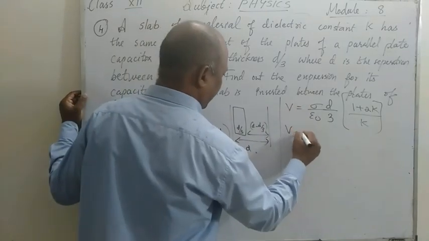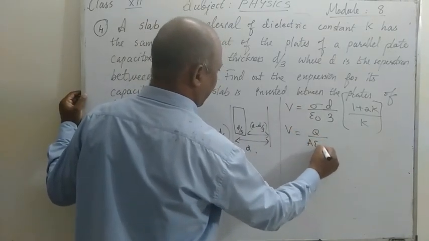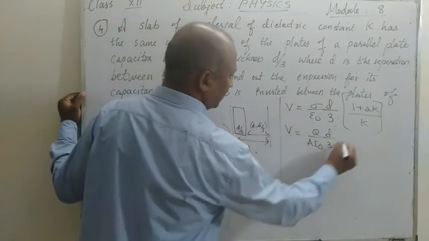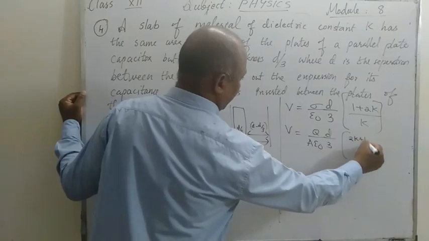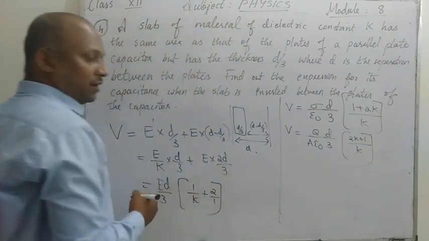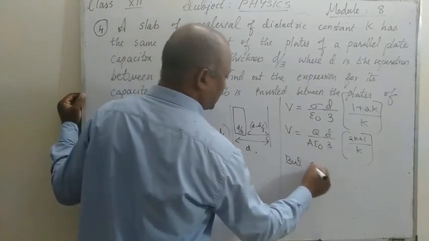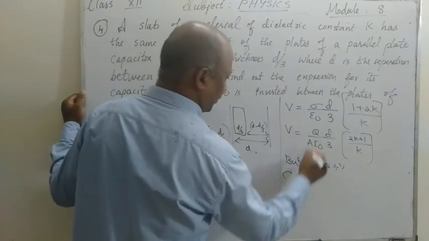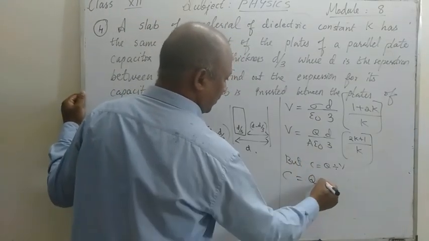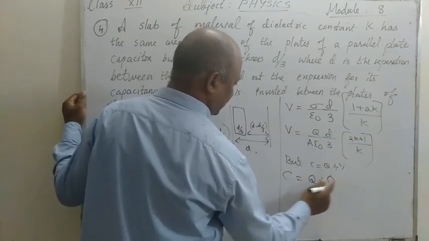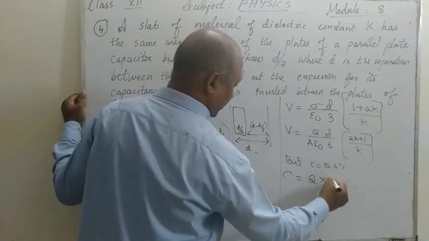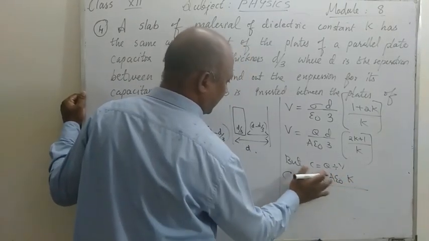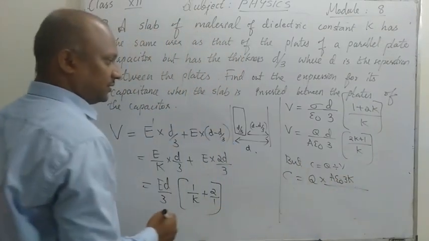And instead of sigma we can write Q upon A, because sigma is charge density, charge upon area. So 2K plus 1 upon K. And we already know the formula C is equal to Q divided by V. So C is equal to Q divided by all this.